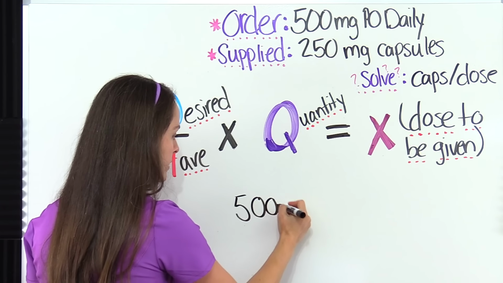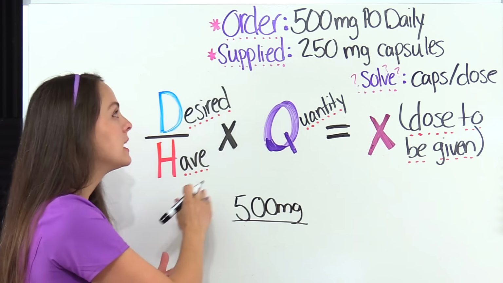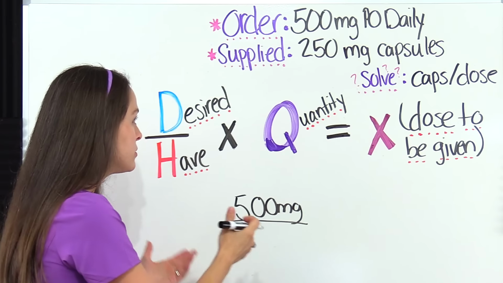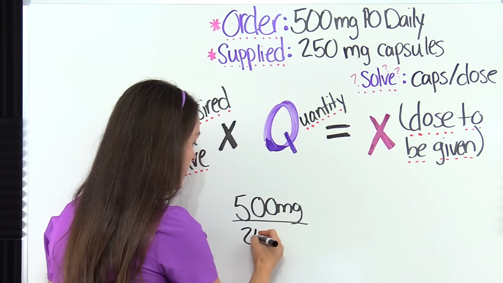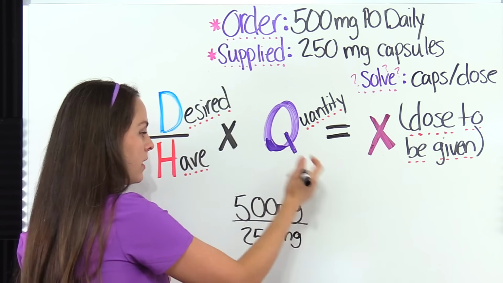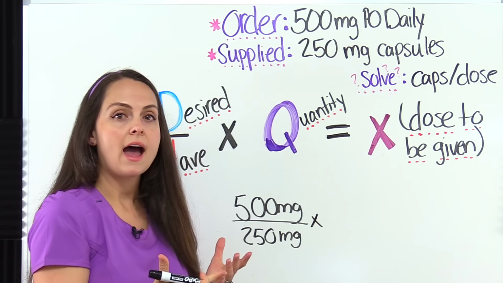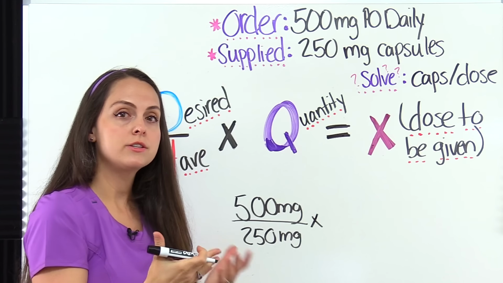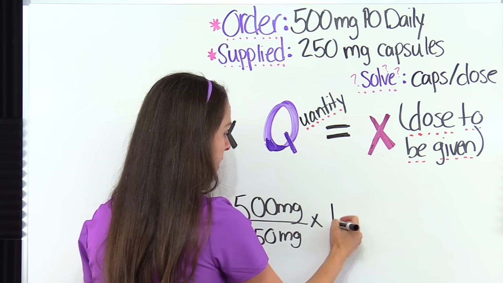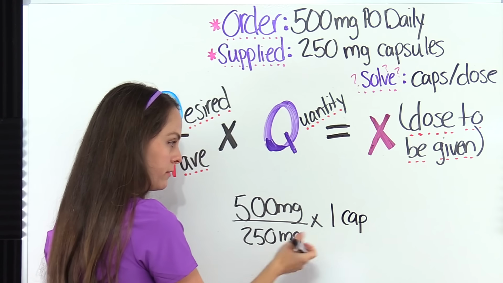So 500 milligrams is over what we have on hand, and we are supplied with 250 milligram capsules. So 250 milligrams is going to go here. Now that is multiplied by the quantity, and our problem tells us that each capsule contains 250 milligrams. So here, 1 is going to go. So it's 1 capsule equals our 250 milligrams.